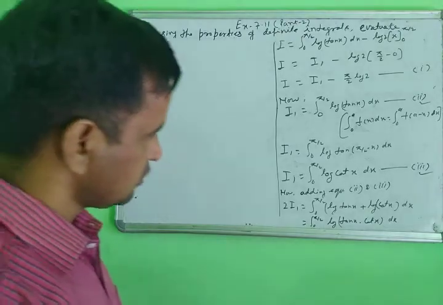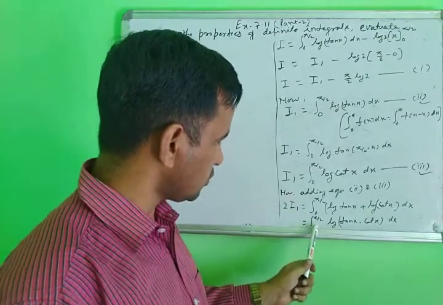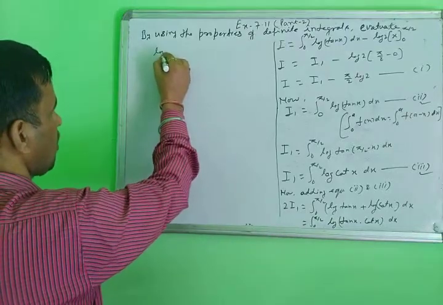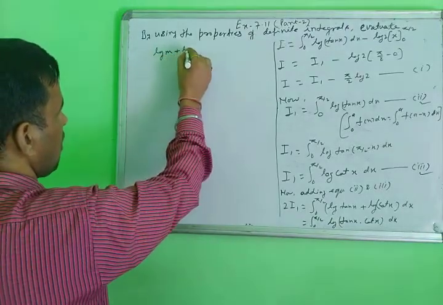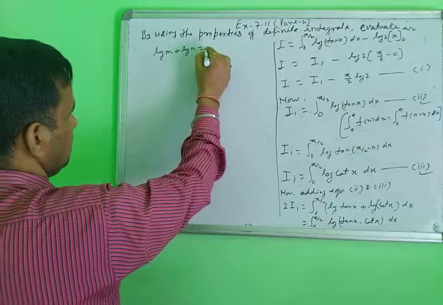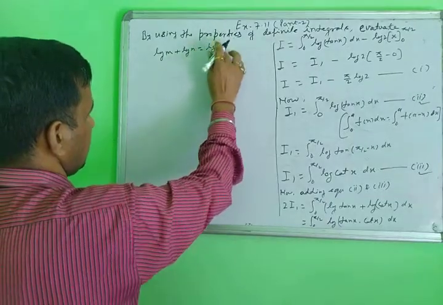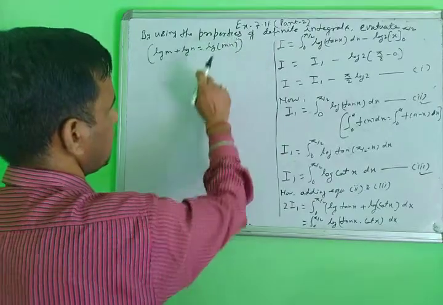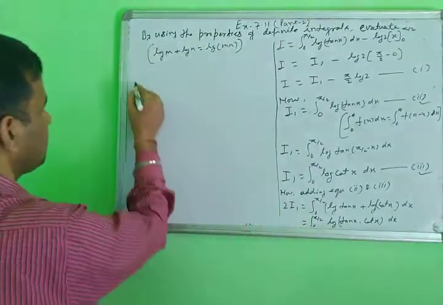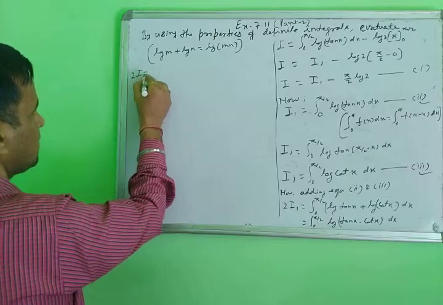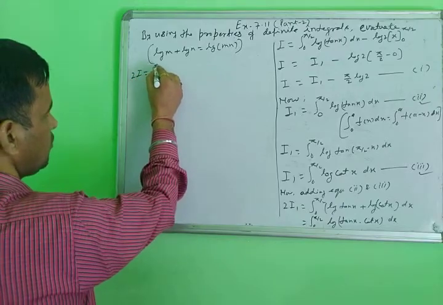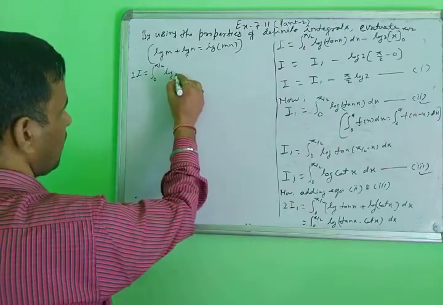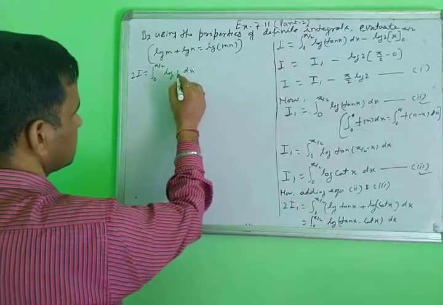Yes, students, you will be solving 2I1 equals this one, from 0 to pi by 2. Here you are using which property? Log m plus log n, you can write log m into n. Using this property, what result will come here? Then 2I1 equals the integral from 0 to pi by 2 of log 1 dx.